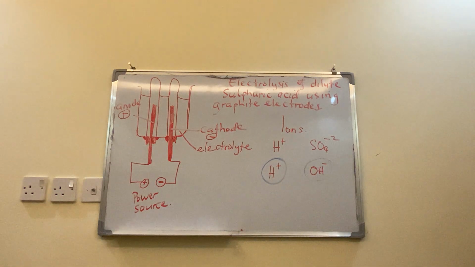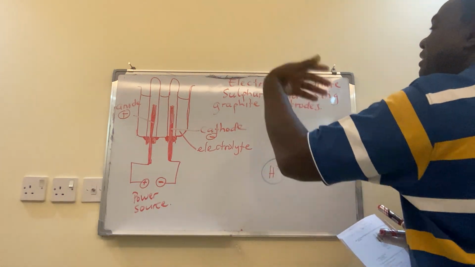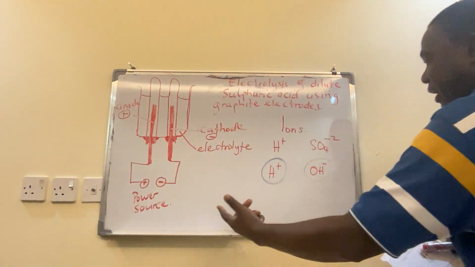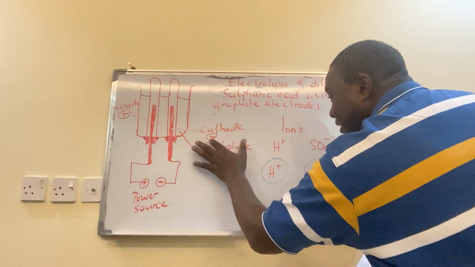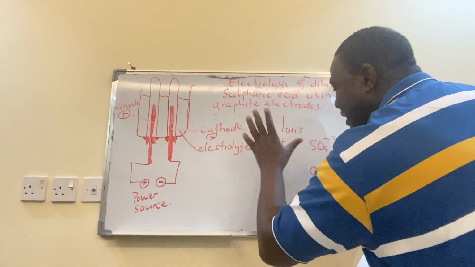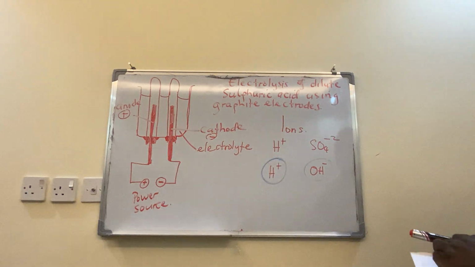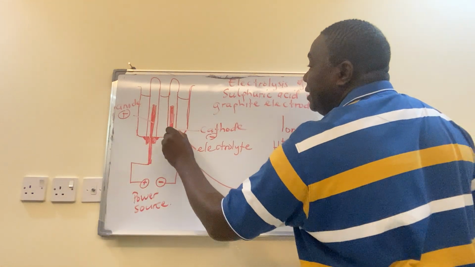If you ask a question such as which of these is going to be discharged at the negative, the H plus. This is positive, that's negative. Unlike charges attract, you cannot have OH going to the negative because like charges will repel. So your H plus will go to the cathode.